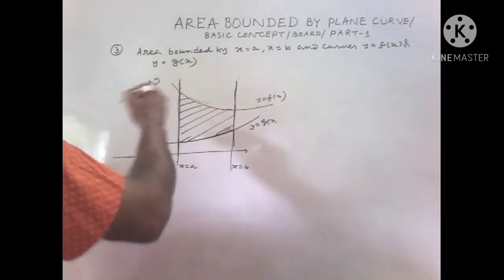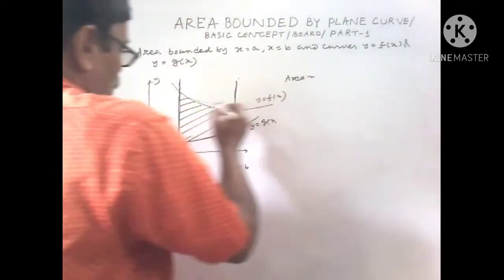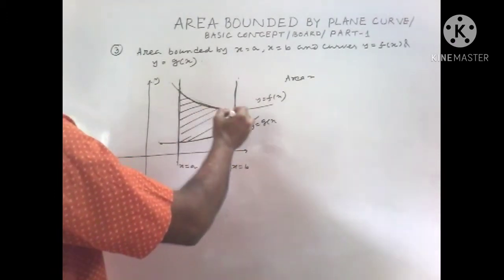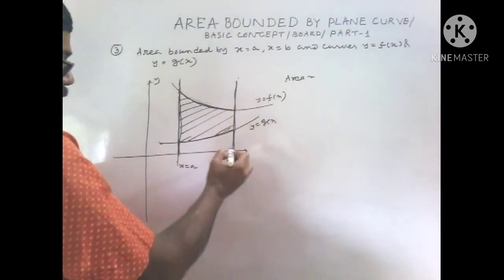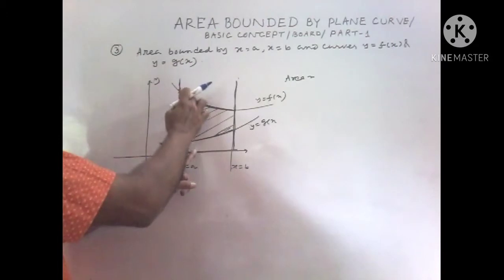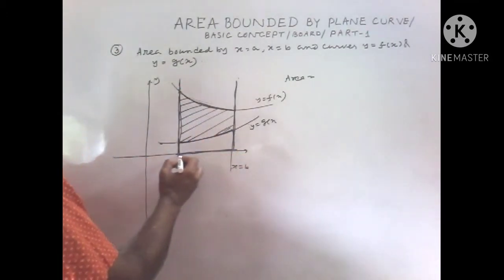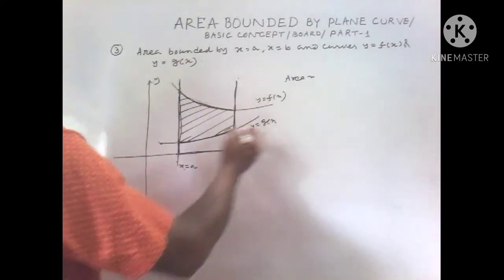Now what is the area of the shaded portion? Look, if we take the curve y equals fx, x equals a, x equals b, and the x-axis, we are getting the whole figure. And if we subtract the lower part, we get the required area. What is the lower part? The integral from a to b of gx dx.